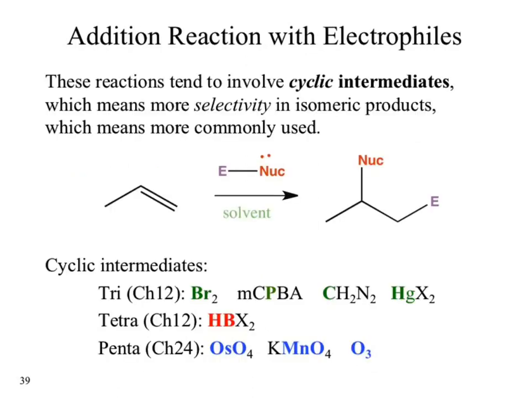So, when we're looking at our addition reaction with electrophiles, what we've already talked about with our addition reactions is when the pi bond, our nonpolar pi bond, was acting as a base. So it was reacting with a strong acid, and it needed to be a strong acid. Why did it have to be a strong acid?